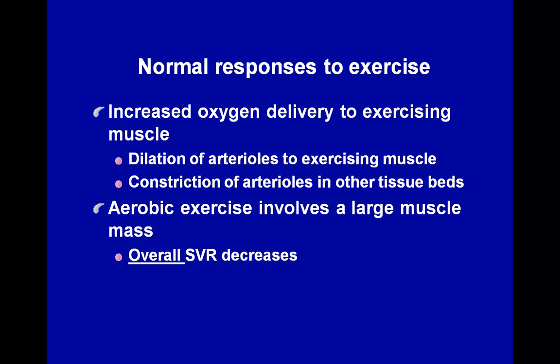Even though others are constricting, there's potential for your overall SVR to decrease because you're dilating so many tissue beds. But again, that has to be balanced by an increase in cardiac output in order for us to have adequate blood pressure. And in fact, we do have increases, particularly in systolic blood pressure with exercise.